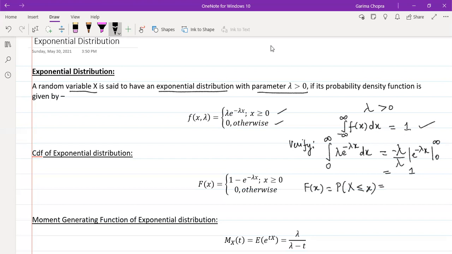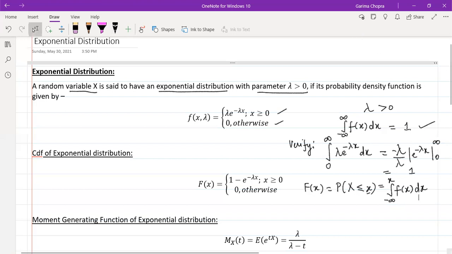Written in terms of an integral, it is the integral from minus infinity to this point x of the probability density function f with respect to x. We will consider two cases depending on the definition of our PDF: when x is less than 0, and when x is greater than or equal to 0. By integrating, we can very easily verify that the CDF has this particular form.